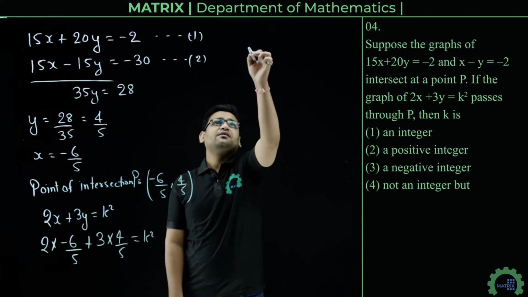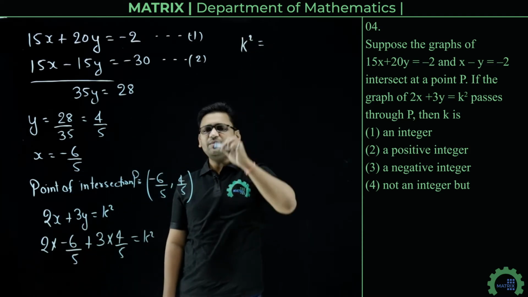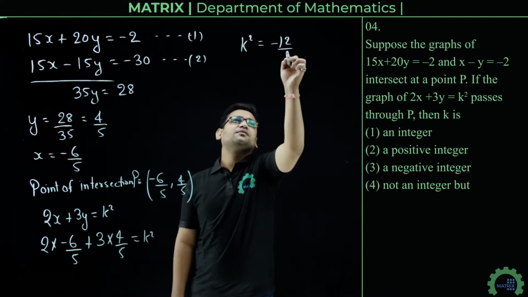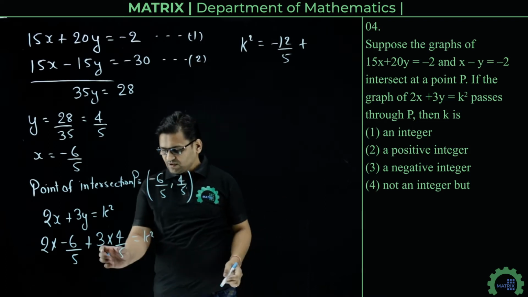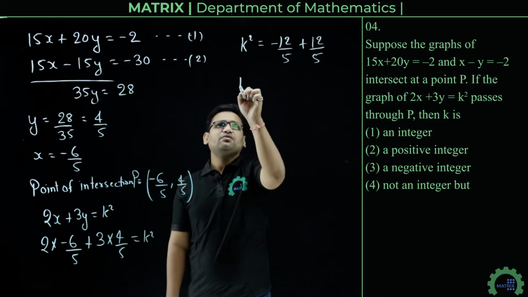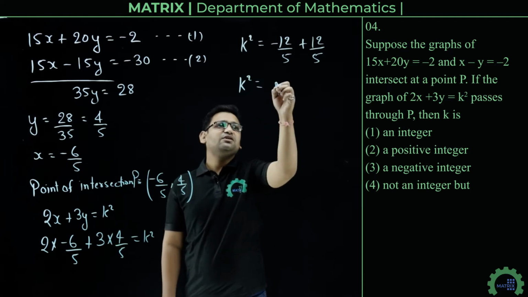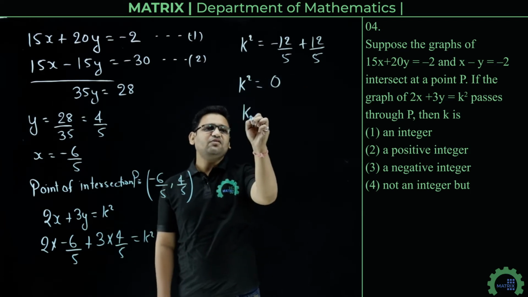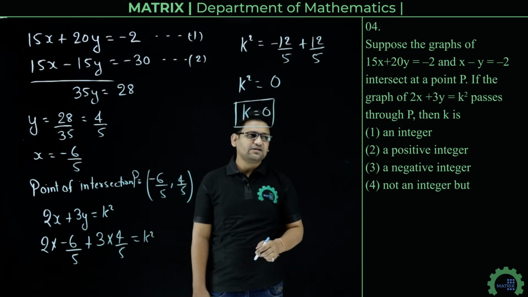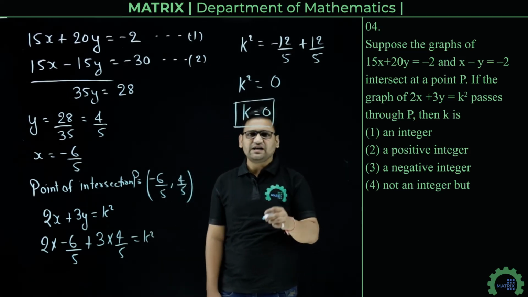So we can write k square will be equals to minus 12 by 5 plus 12 by 5. So k square will be 0. So finally we get the value of k, that is 0. So we can say that k is an integer. So option number first is correct answer.